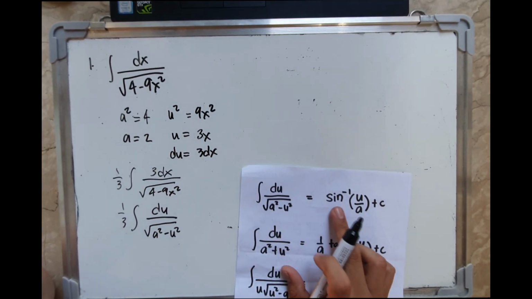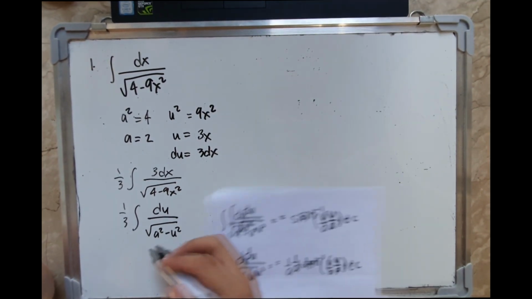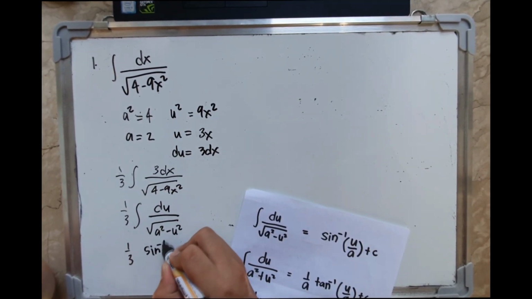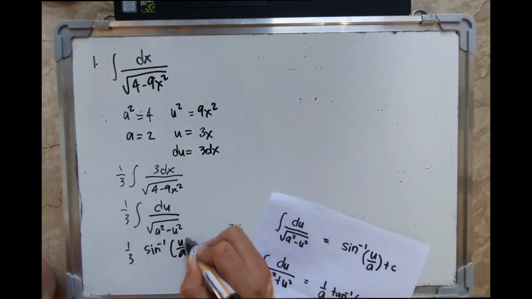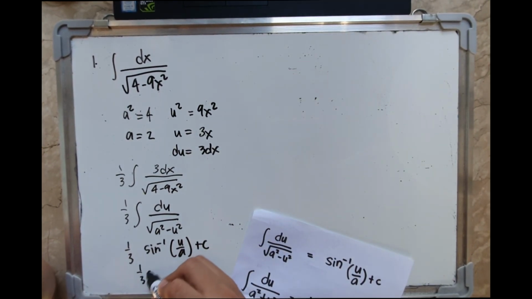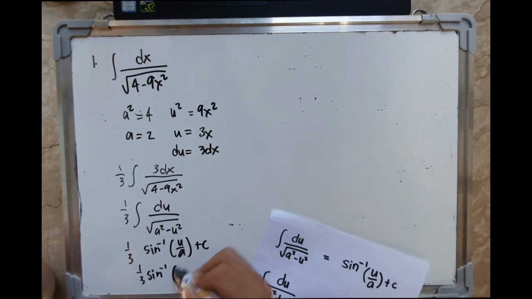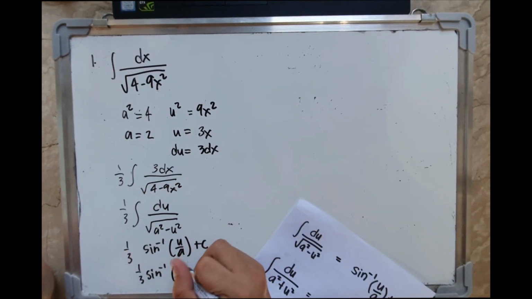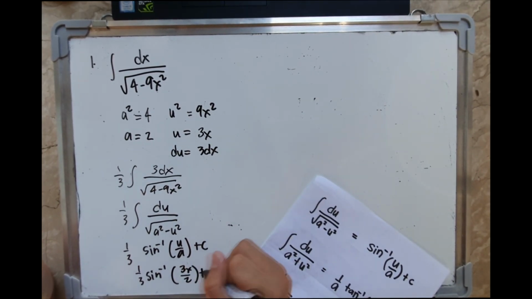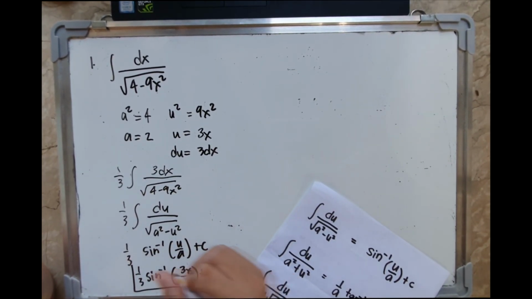That is equivalent to the arcsine of u over a. So we have 1/3 the arcsine of u over a plus c. Or we shall have 1/3 the arcsine. The u is declared already, 3x, while the a is 2, plus c. This will be our final answer.